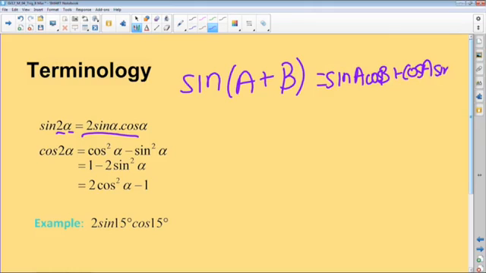We've seen that. What happens if A and B were the same thing? Let's say it was both just angle A plus A, and that's perfectly acceptable. There's nothing wrong with that.